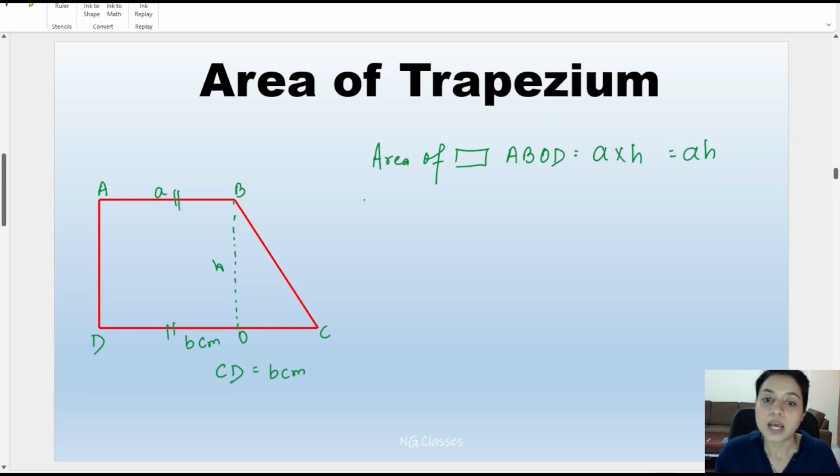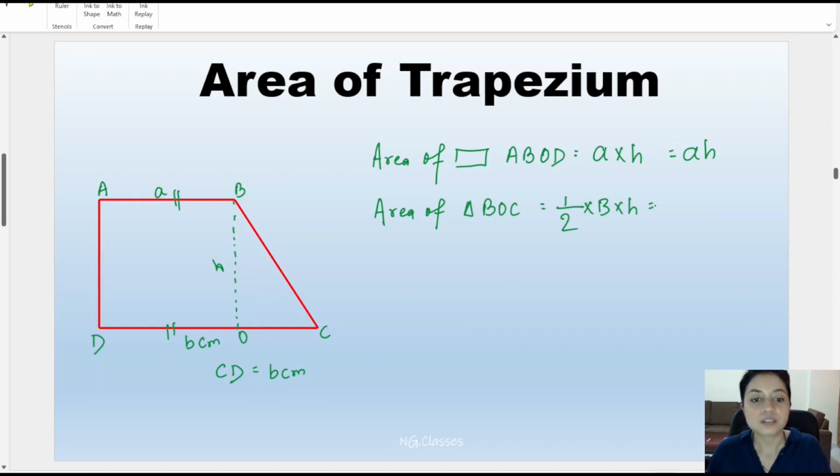Okay. Now let's find the area of the triangle. Area of triangle BOC. So the formula for the area of a triangle is 1/2 times base times height. So the height we already know, it's a right angle triangle and the height is H. What's the base? Can you see this yellow color base? CO. How will we find CO?